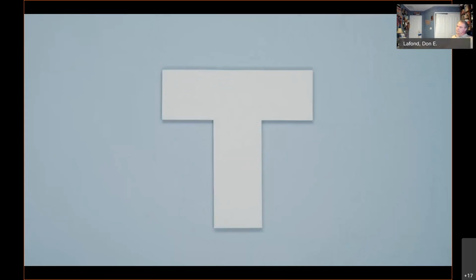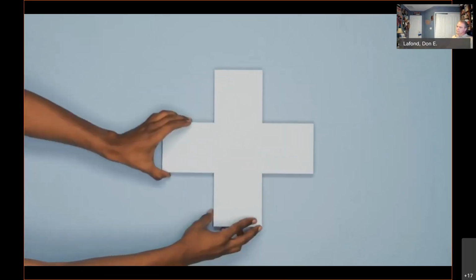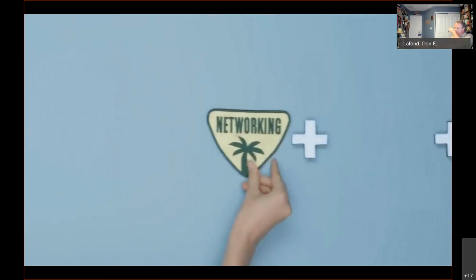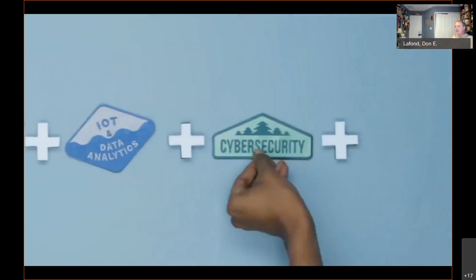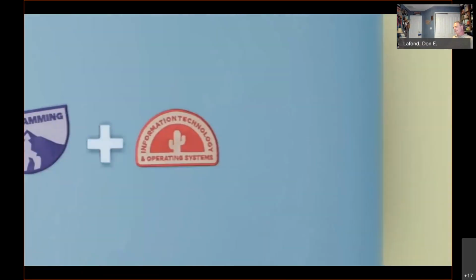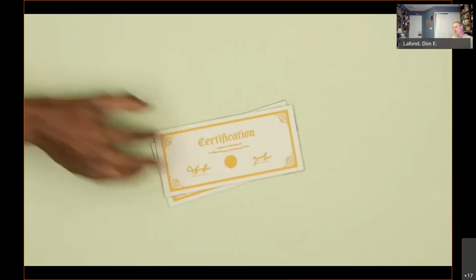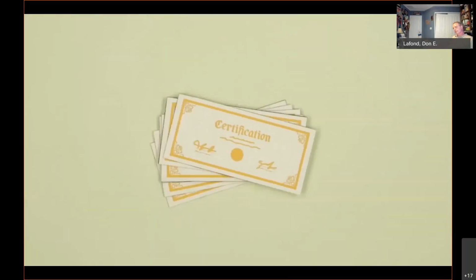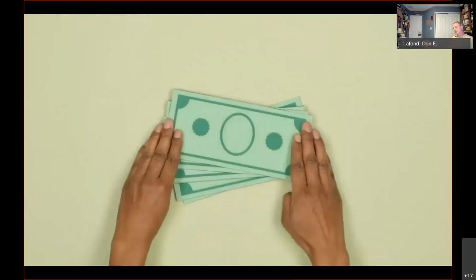Preparing students to become the innovators of tomorrow, capable of successfully contributing to multidisciplinary teams that are setting the pace for the future of networking, the Internet of Things, security, programming, and information technology. They learn from the best trained instructors and earn certifications that can get them better jobs, higher pay, and a well-rounded career, meeting today's needs and tomorrow's opportunities.